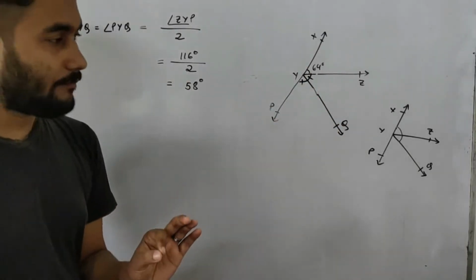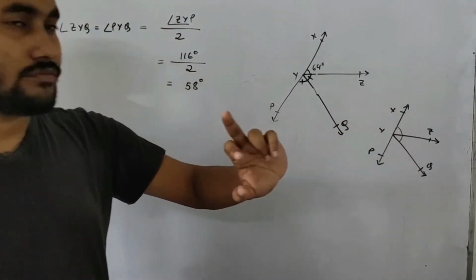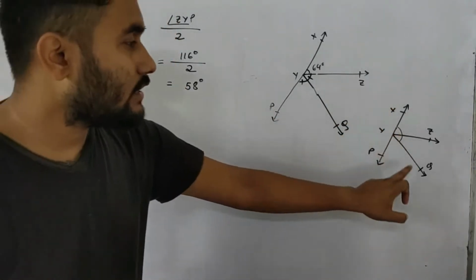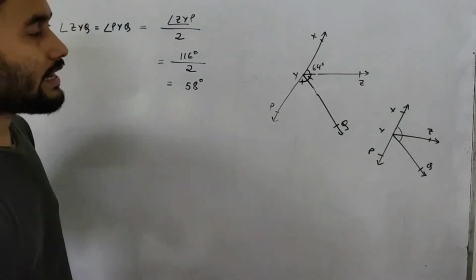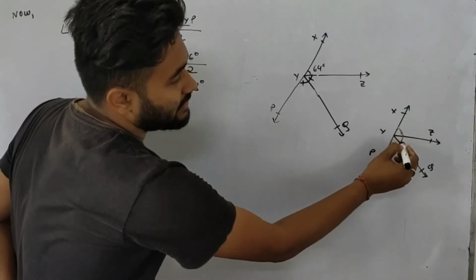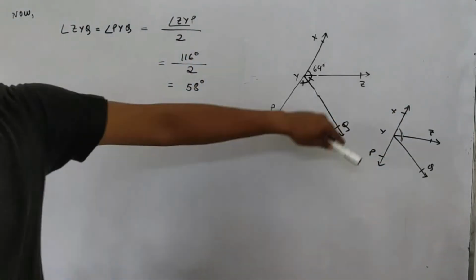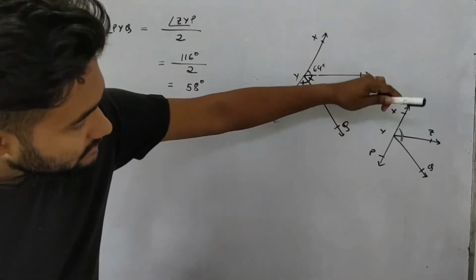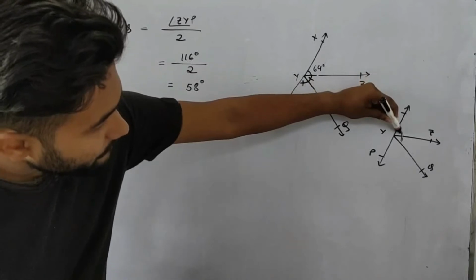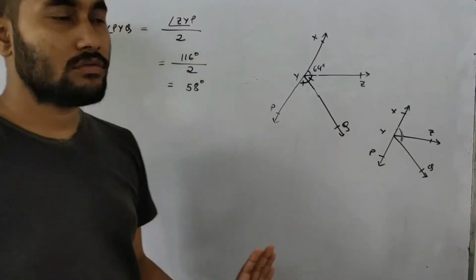Now what you have to find? We need to find angle XYQ. How will you get this angle XYQ? If I take this angle plus this angle, then overall, this angle plus this angle will be the complete angle XYQ.